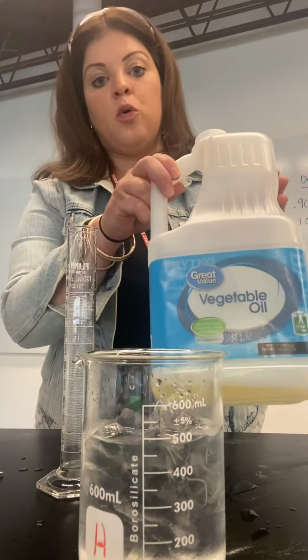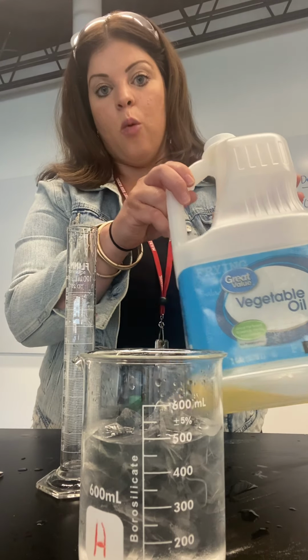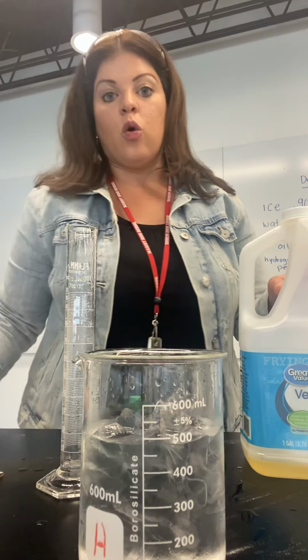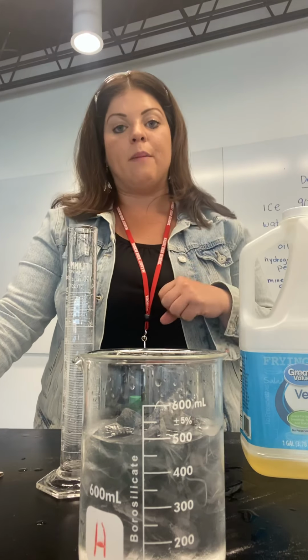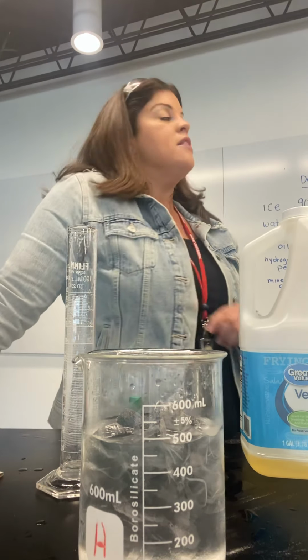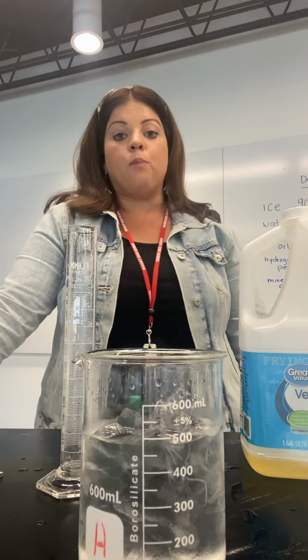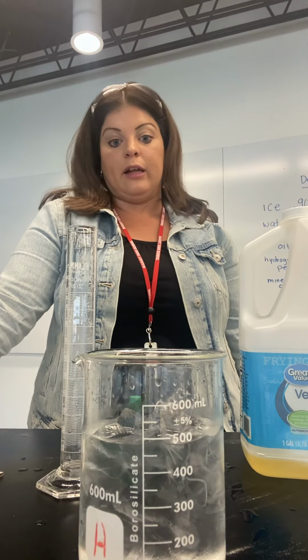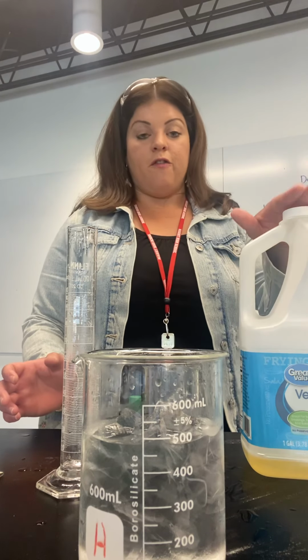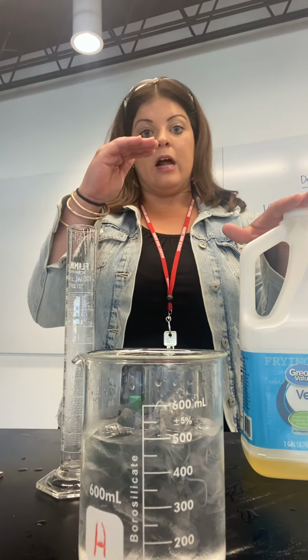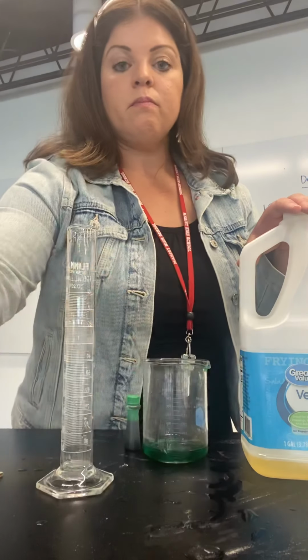So I have vegetable oil here, which a lot of you may have at home. And according to the information I found online, there's lots of density of common materials tables. The density of vegetable oil is 0.93 grams per milliliter. So if water is 1.0, the vegetable oil should line up on top of the water.